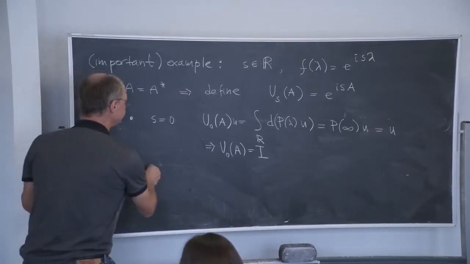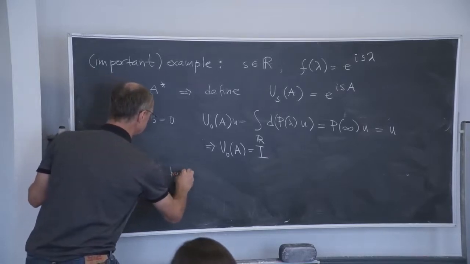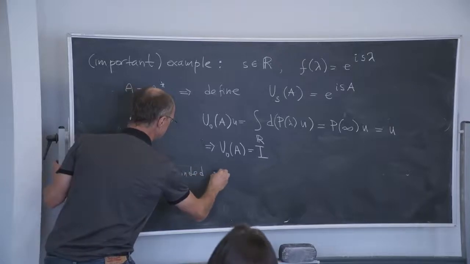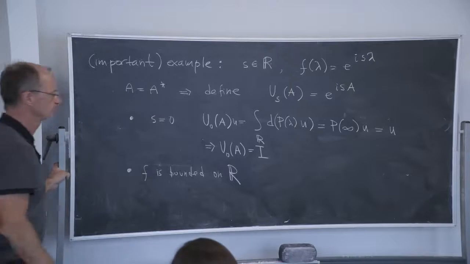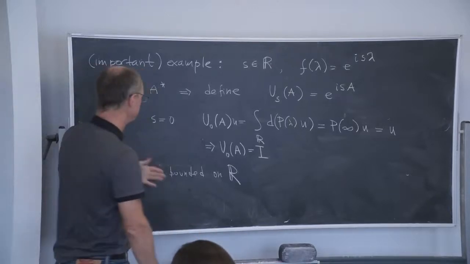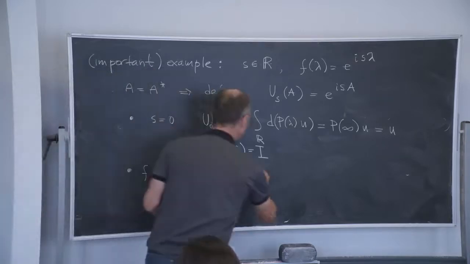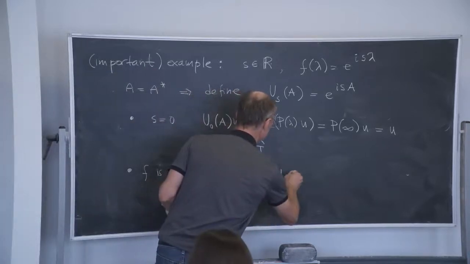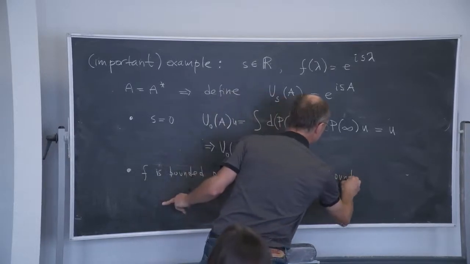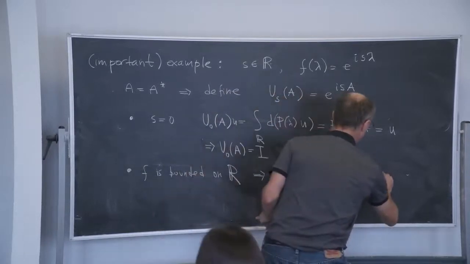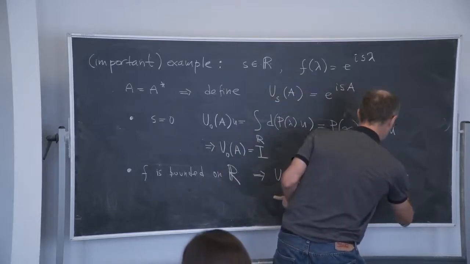Now f is bounded on R, which means it's bounded on all the spectra which are contained in R. So it's bounded for all s.